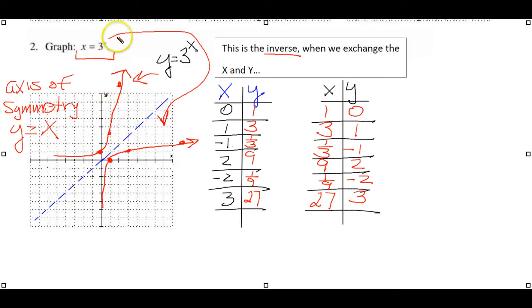So again, you are asked to do this when you have x equals 3 to the y power. Again, you switch the positions of the x and y, you get its inverse graph. And that's what you have to recognize. So again, in your notes, be sure you have enough information of what's going on here to be able to pick out. Now, suppose it was 2 to the y power.